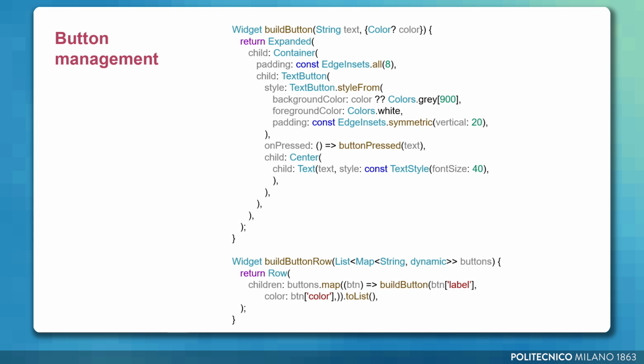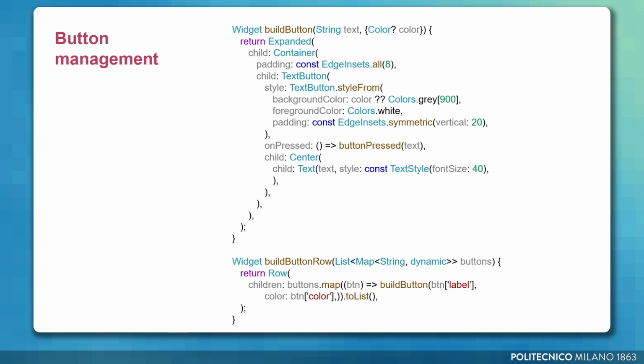Each button is placed inside an expanded widget to evenly fill available space and wrapped in a container with 8 pixels of padding on all sides, EdgeInsets.all(8).